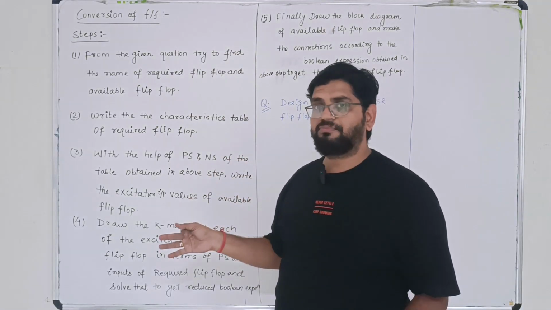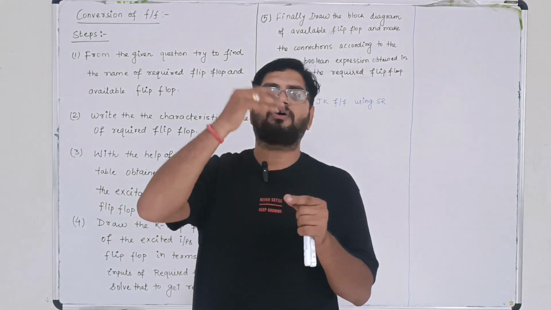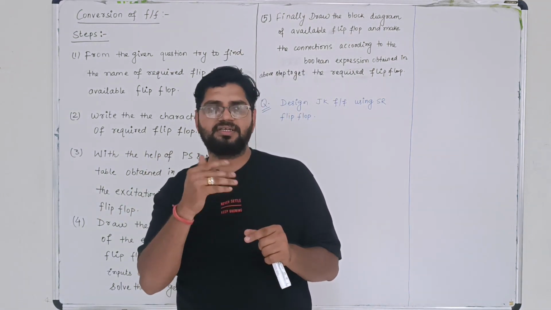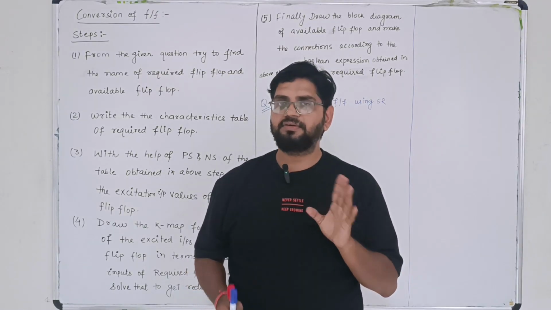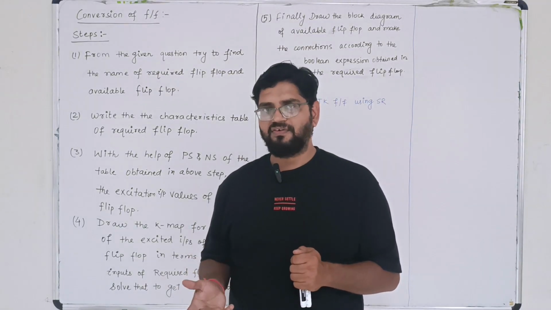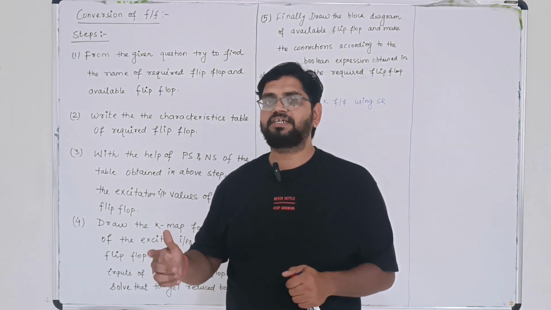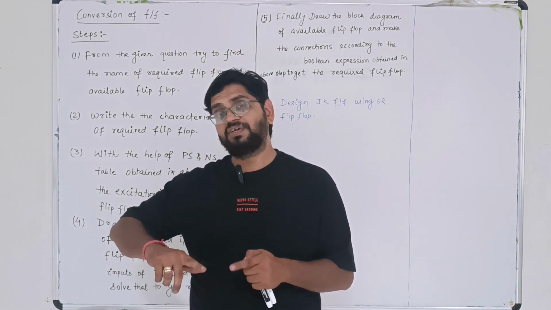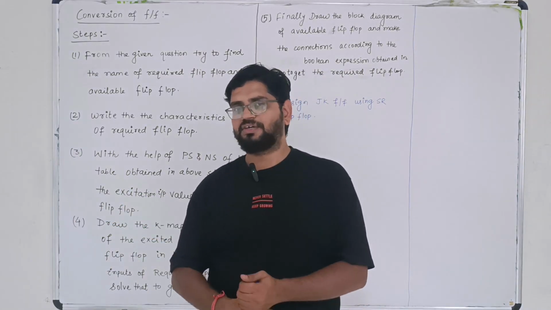Now, the third step will be, with the help of the present state and the next state that you have obtained just now in the second step, to write the excitation input of the available flip-flop. Whichever flip-flop is available, you need to write the excitation input values of it with the help of the present state and next state of the required flip-flop.